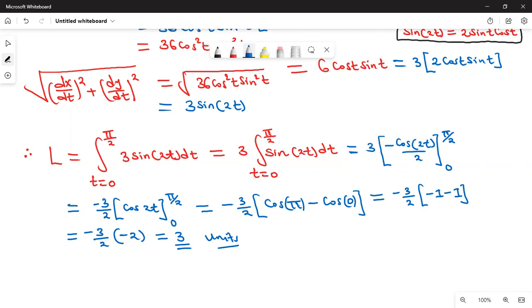So I have taken you through the two formulas of finding arc length depending on how your curve is defined. So if you're given any other question involving arc length, you should be able to tackle it depending on whichever function you're given, whether it is implicit, parametric, explicit, etc.